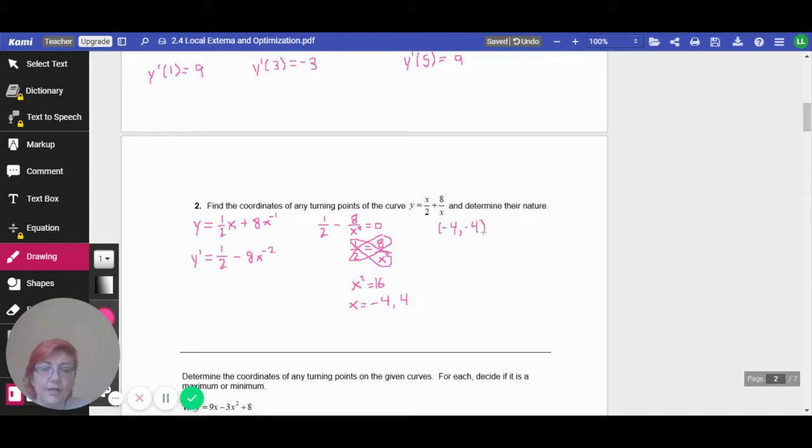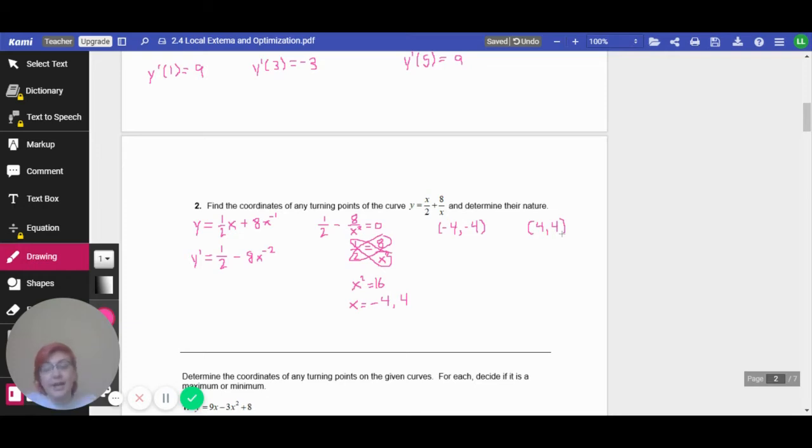So that is one turning point. Then I'm going to plug in 4. So 4 divided by 2 plus 8 divided by 4 is 4. These are my two turning points or stationary points.